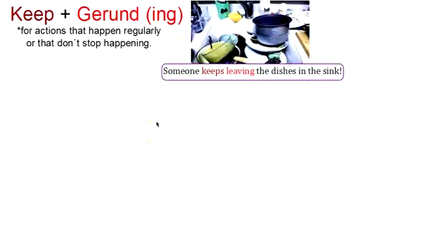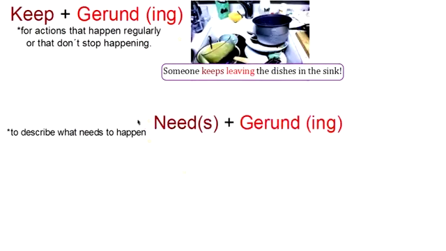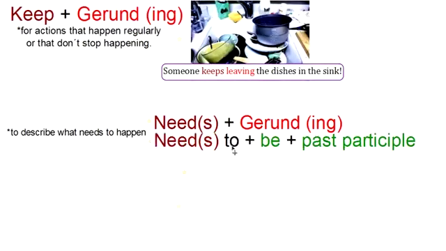Alright, now we talked about how to describe the problem, continuous problems, with this grammar, but what happens when we want to talk about what we need to do? So to describe what needs to happen, we can use need or needs and the gerund, or needs to plus be in the past participle, and that's the passive voice, remember?